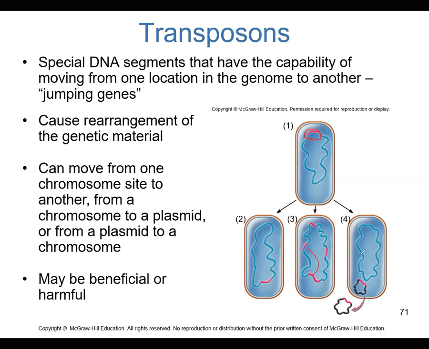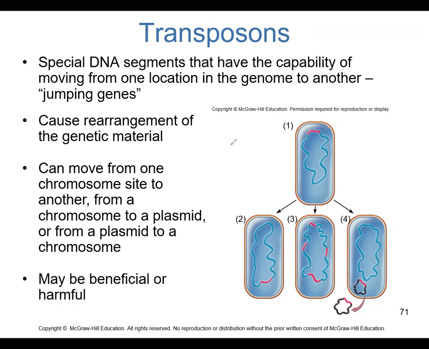Sometimes, like in bacteria, it can leave the main DNA and go to the plasmid. Depending upon what the gene is and where it goes, it can be beneficial or harmful. If it's beneficial, it's going to be passed on. If it's harmful, most likely it's going to die and not be passed on.